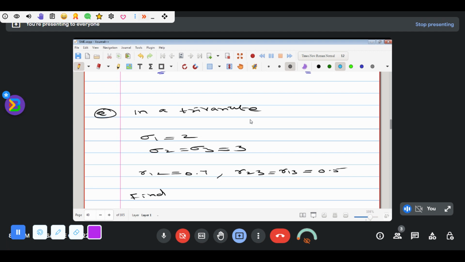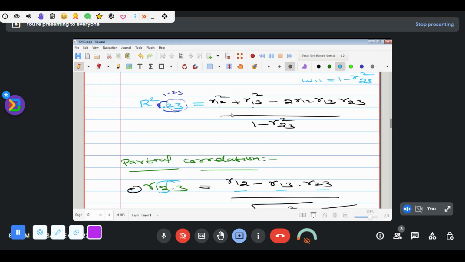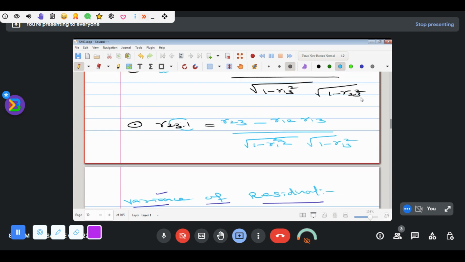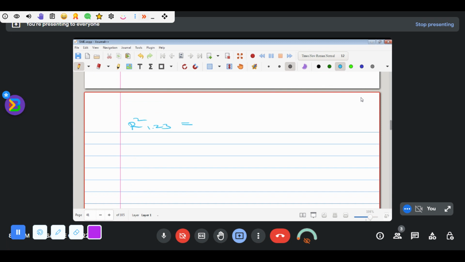After that, at the end of the result we will take the square root. That's all. Therefore, R1.2.3 equal to square root of 1 minus omega divided by omega 11.